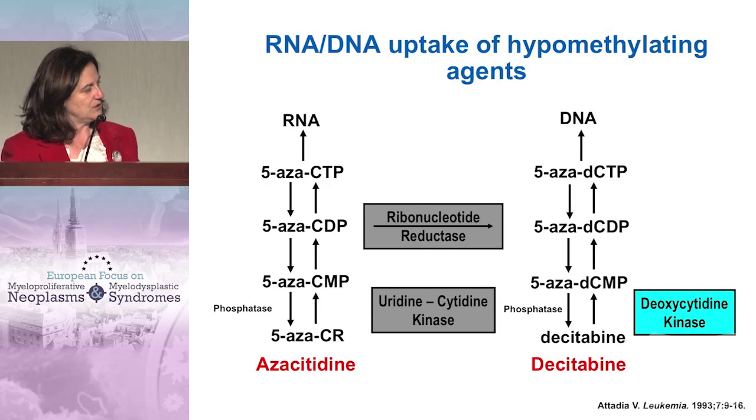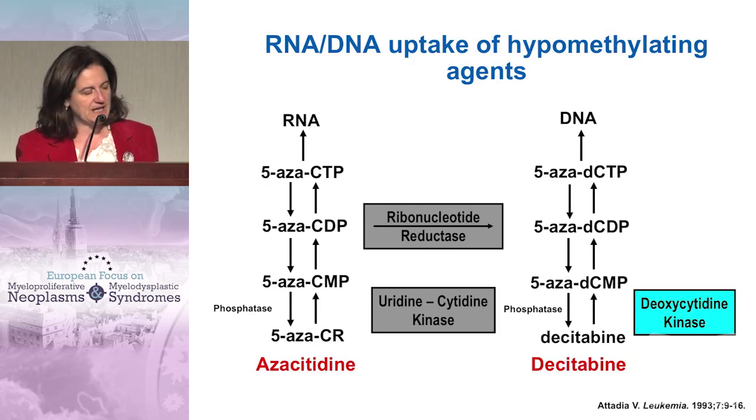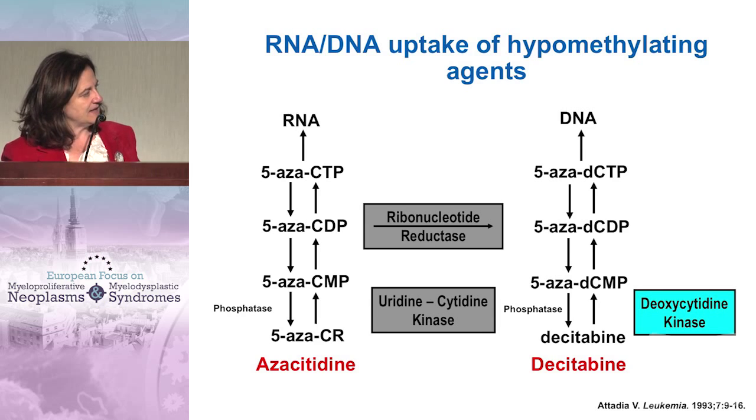What I want to recall to you is the fact that azacitidine and decitabine are both actively taken up by the cells and then activated by several enzymes, UCK, and then azacitidine, which goes 80% into RNA, by ribonucleotide reductase goes into DNA as well. So there is an active uptake and activation of the two molecules before they are taken up by DNA.